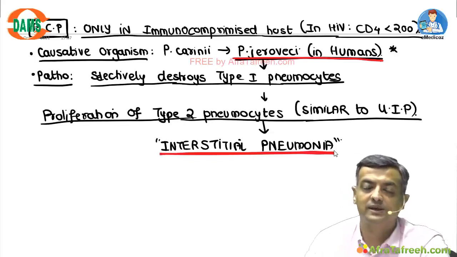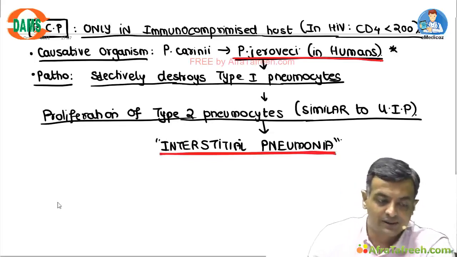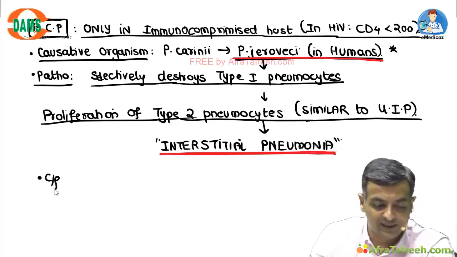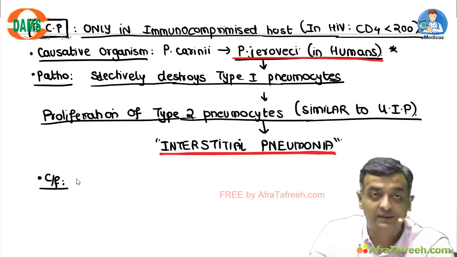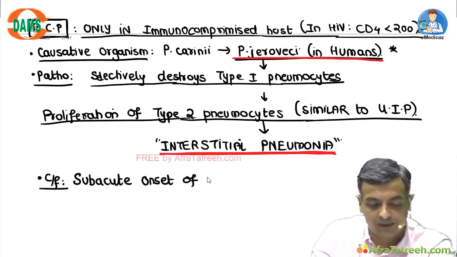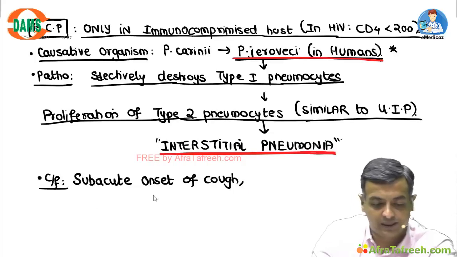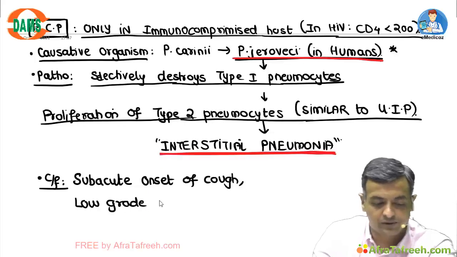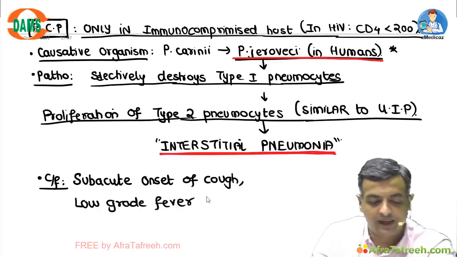How does it present? Clinical features: the patient presents with cough, with a subacute onset, associated with low-grade fever.